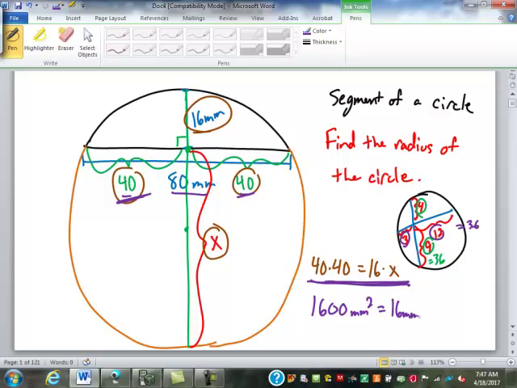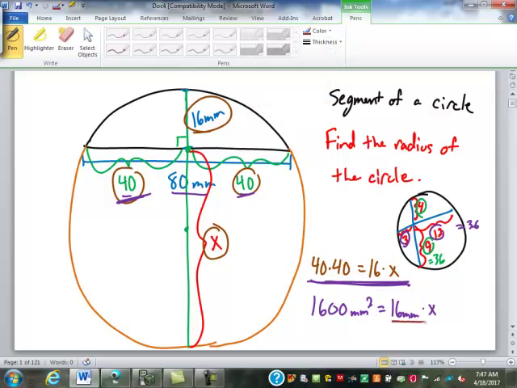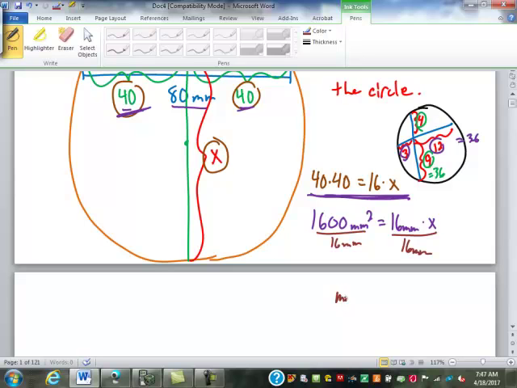Remember, this is 16 millimeters times X. When I divide out that 16 millimeters, the millimeters and millimeters squared divide to make millimeters. 1600 divided by 16 is 100. So X is 100 millimeters, what that comes out to be.